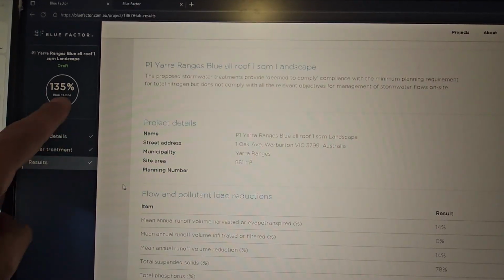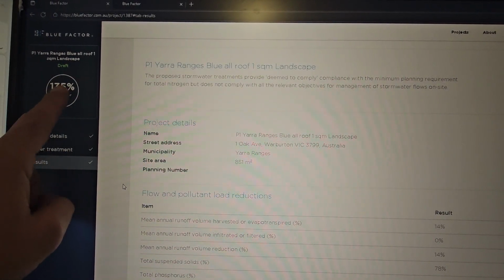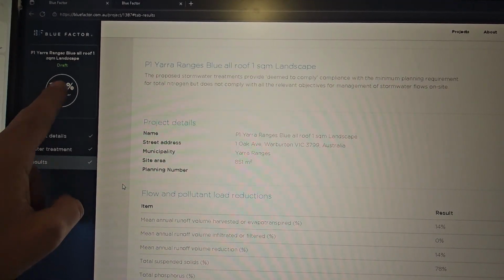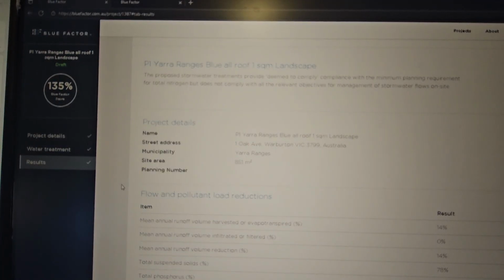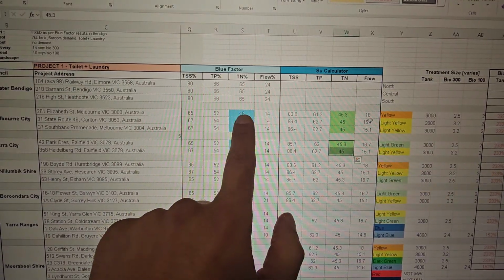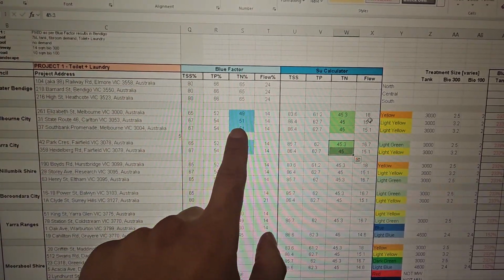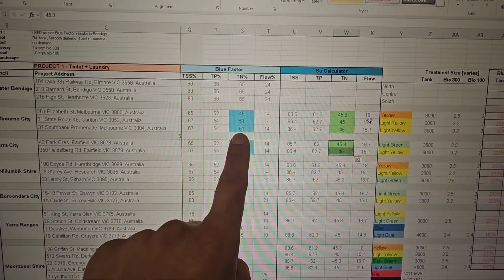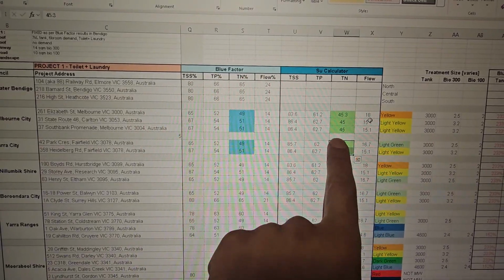Second of all, if council only wants this number here, which is the total nitrogen reduction, you're better off using the Blue Factor, because Blue Factor significantly overestimates the total nitrogen performance. So in a variety of locations, you see that on a project, the TN reduction expected for the same devices by Blue Factor is higher than SU Calculator, which is very comparable with MUSIC.